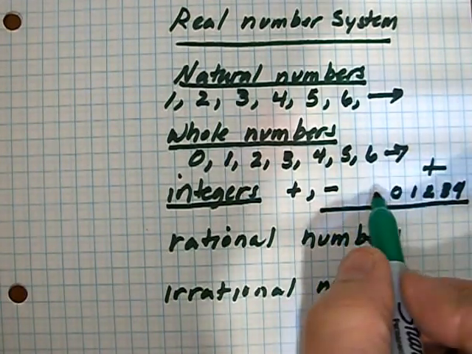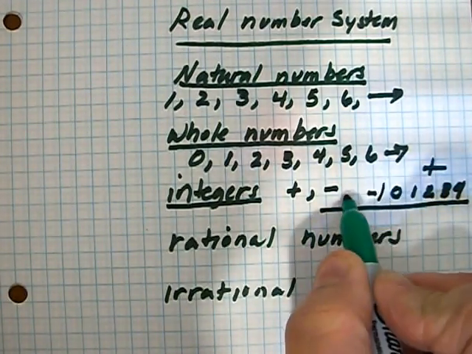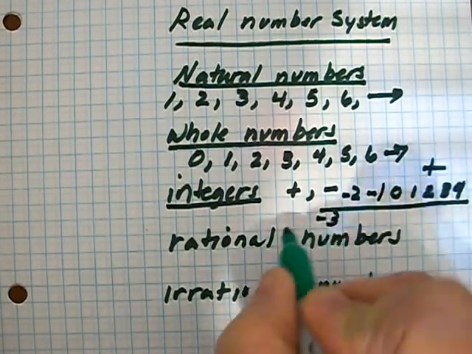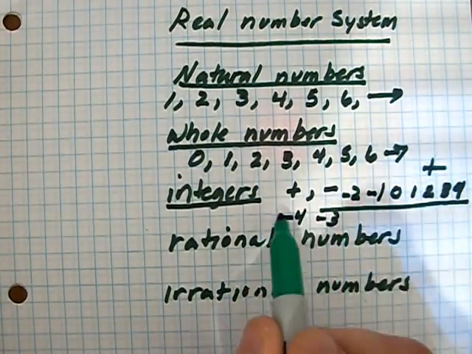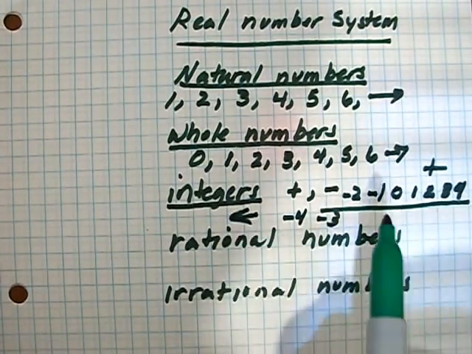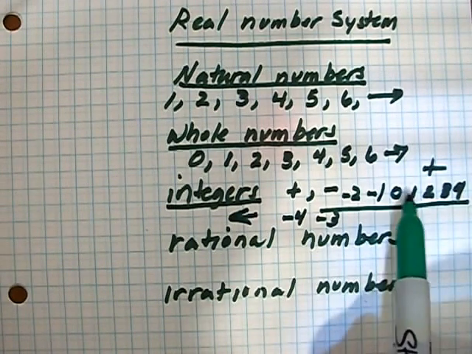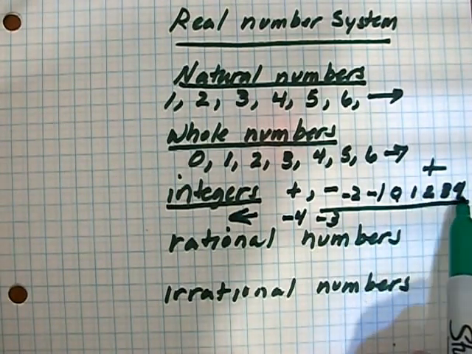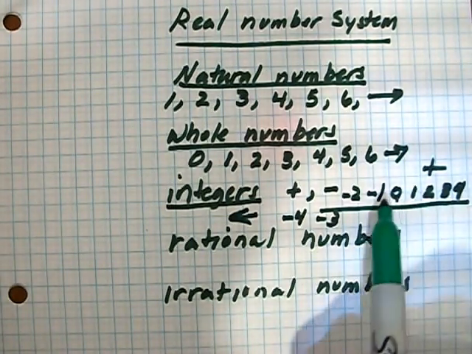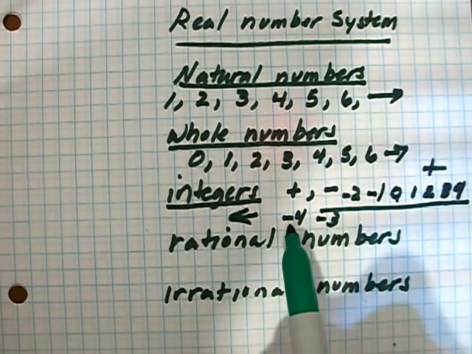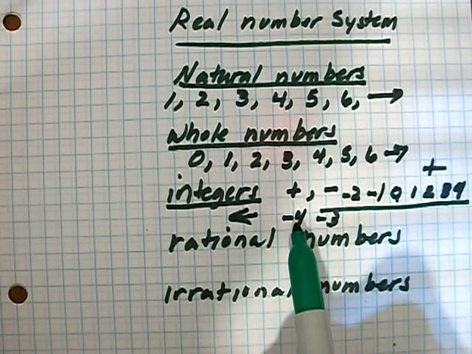Then on the left side you have negative: negative 1, negative 2, negative 3, negative 4, and so on. Integers can be both positive and negative: 0, 1, 2, 3, 4, and so on, then negative 1, negative 2, negative 3, negative 4.